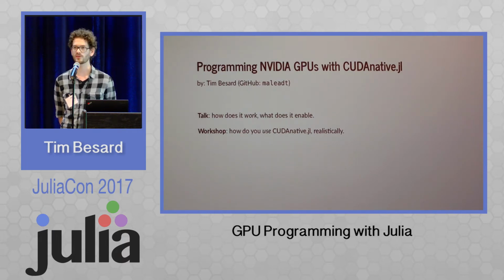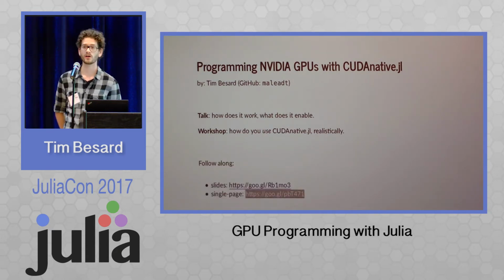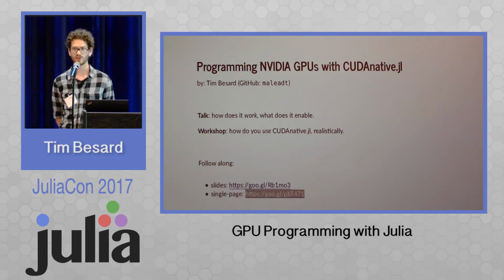The talk tomorrow is going to offer a more high-level point of view, in which I'm going to assume less knowledge and show more how everything works, what the future is, and how it's built. But for now, I'm going to be showing a lot of code which you can follow along on these links, which I've also posted on the Slack. All of this is going to be a pre-rendered Jupyter notebook because I do not trust the network for doing this live on a system which has a GPU, because ironically my laptop does not.